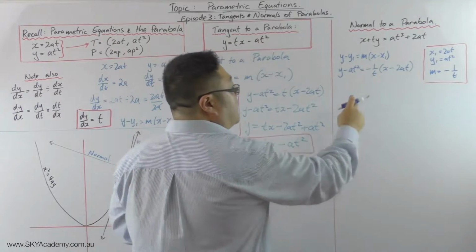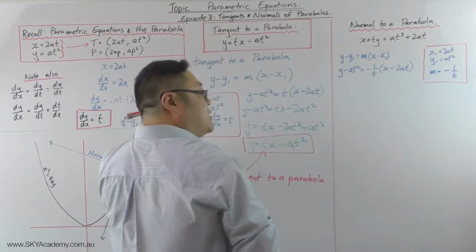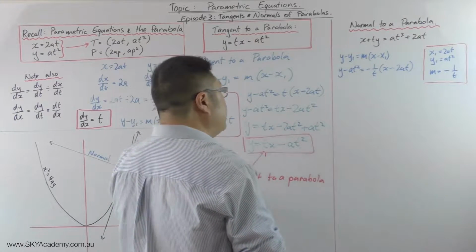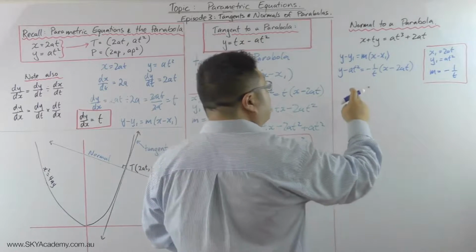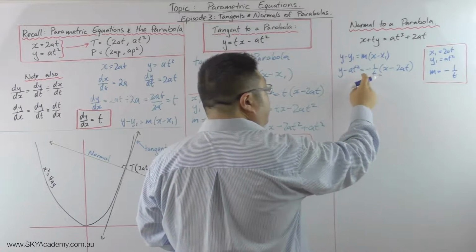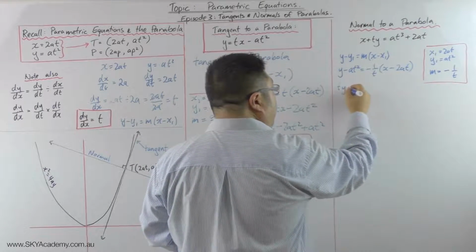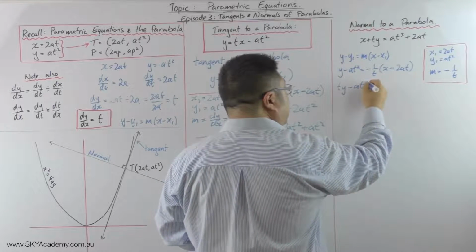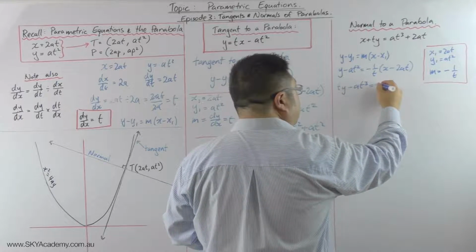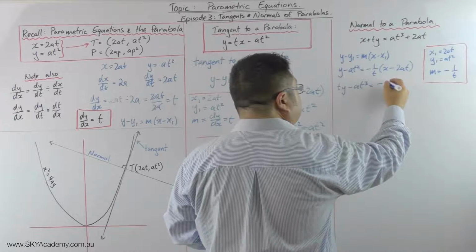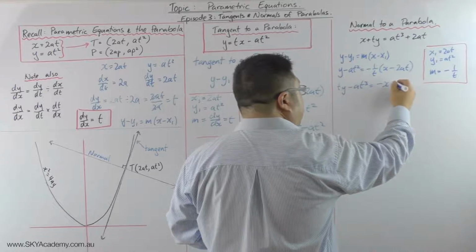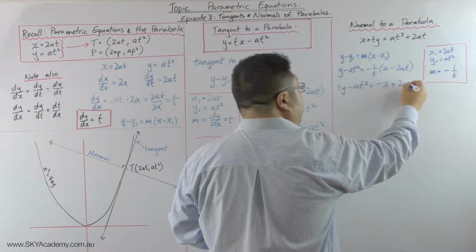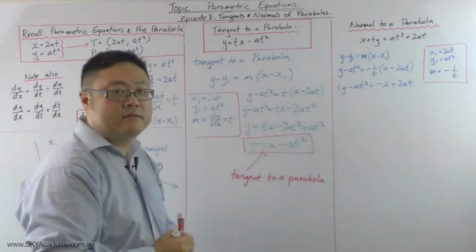All right, let's multiply both sides by t, so it's ty minus at cubed equals minus x plus 2at. Does that make sense?